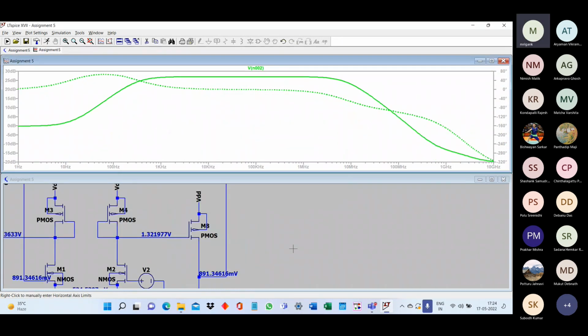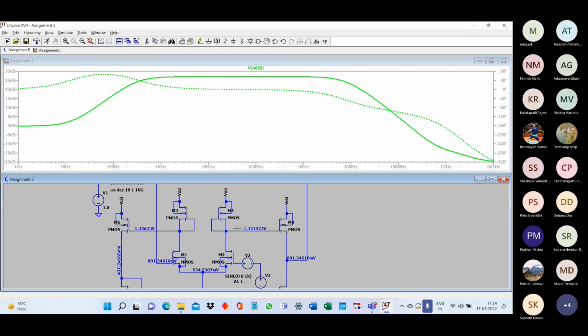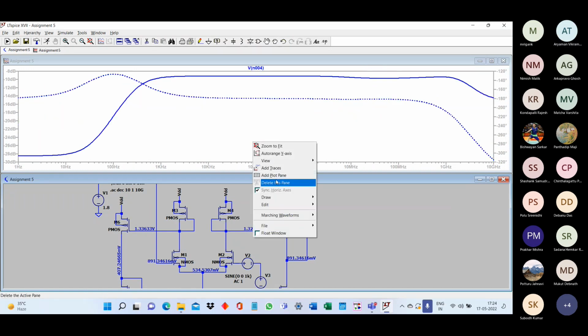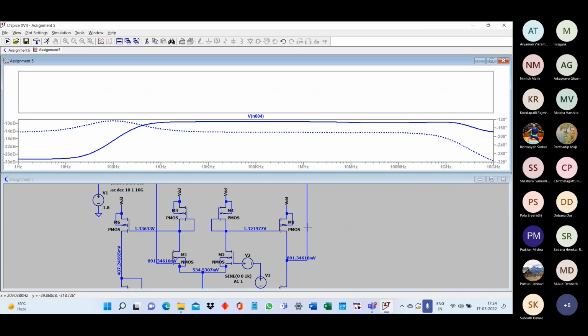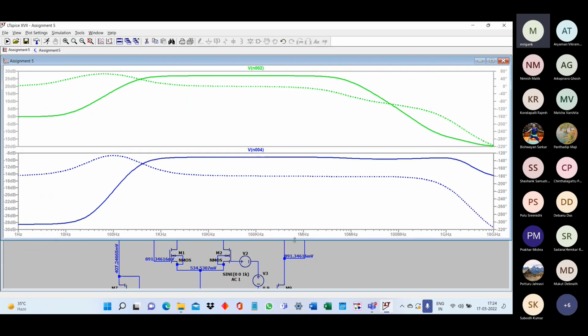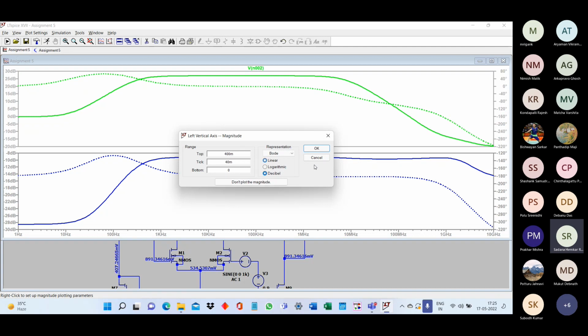For the first stage gain, it seems like we are getting negative, and that is very surprising. We need to see why we are getting negative.